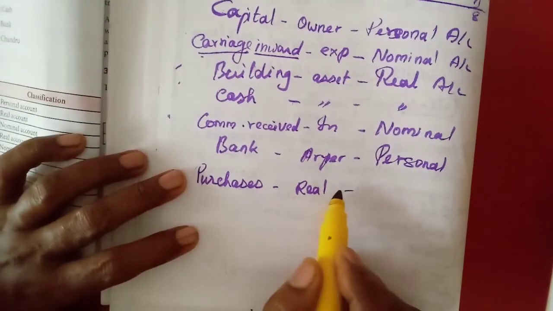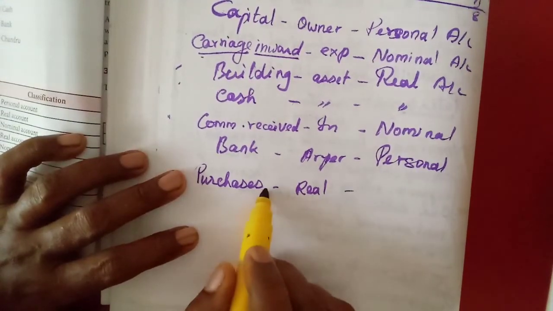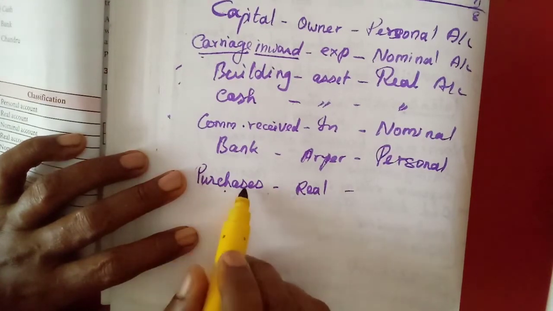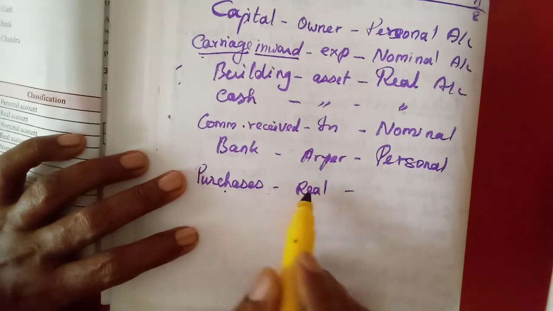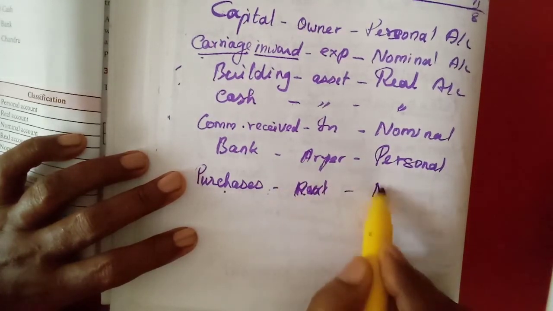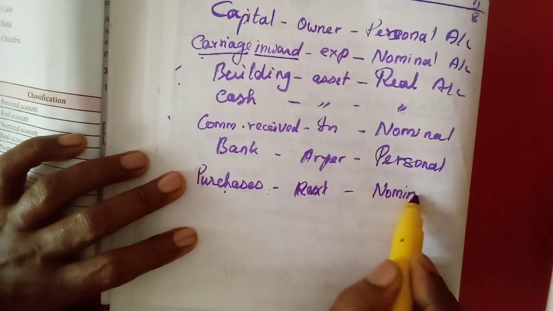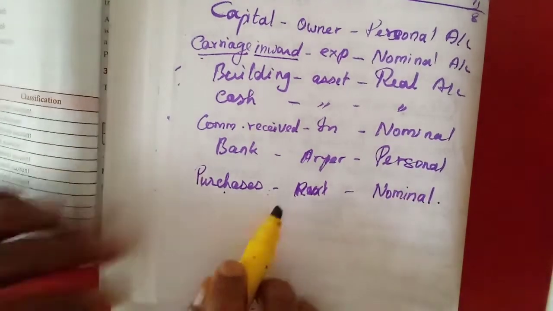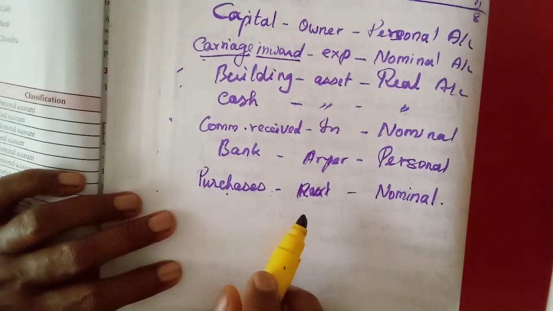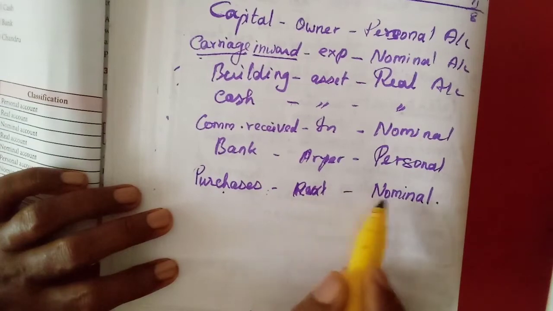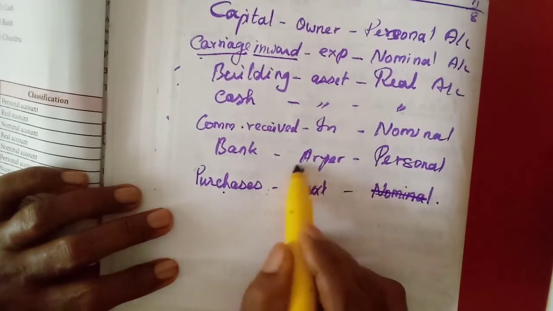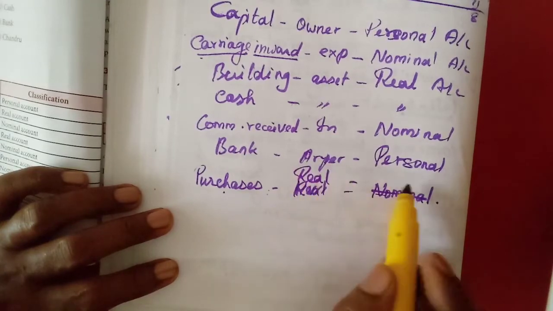In that way they have concluded it as an expense. We spend money on this one. We can write it as either real or nominal, but real only will be correct. They have given us nominal, it is wrong.